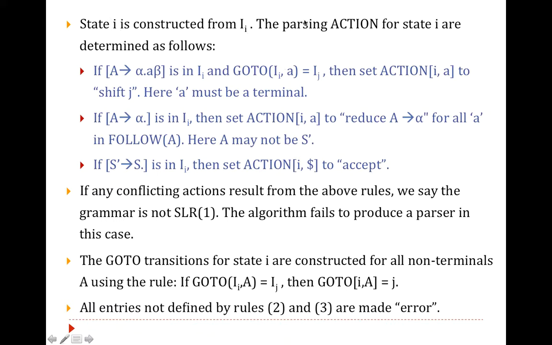The parsing table has two parts. For constructing the action part, these three rules are followed, and for constructing the goto part, this one rule is followed. I'll be discussing these rules with an example in the further slides.